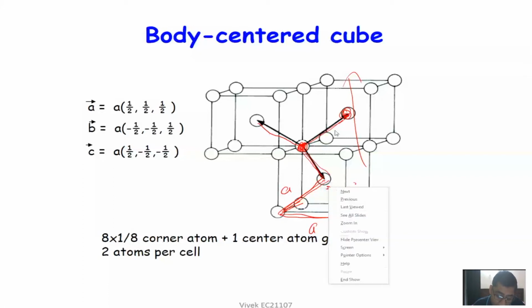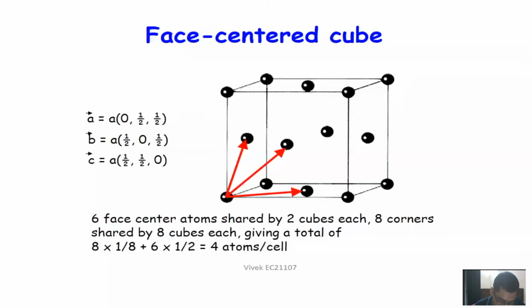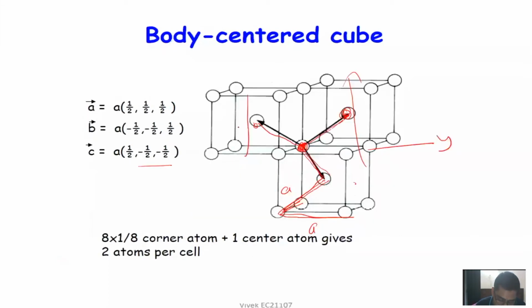And then this is x, and let's say this is y. So this is minus x minus y, but here you have minus y. So you can basically say this is x y z, this is minus x, and y z is the same, so just above and below. And here x is the same, so let's say this is the x axis.